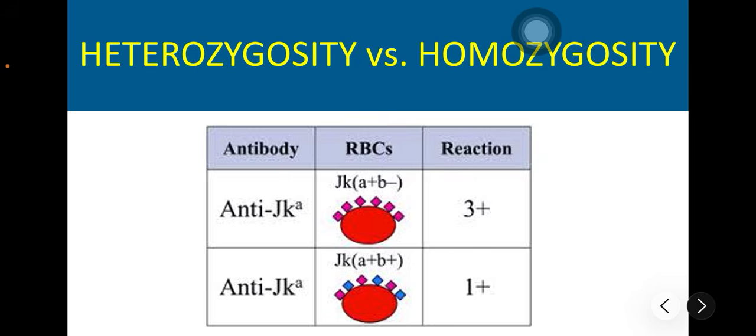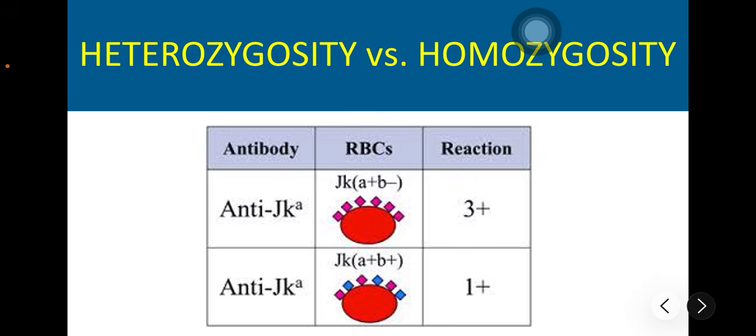Whereas if you are heterozygous for the JK antigens, JKA positive, B positive, which is found in the lower portion of our table, you have both the JKA and the JKB antigens. Your genotype could be JKA and JKB. This means that the Kidd antigens on your red cell are both JKA and JKB. If you add anti-JKA antibodies, since it is a mixed population of JKA and JKB antigens, it will give you a lesser hemagglutination reaction.